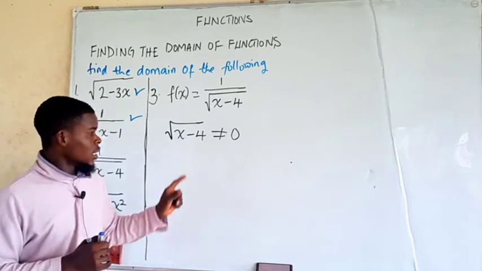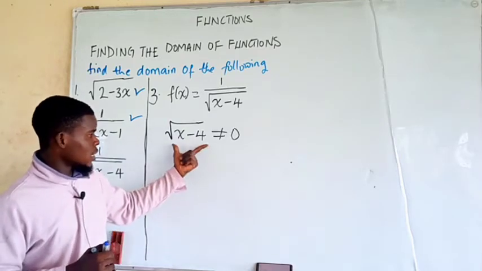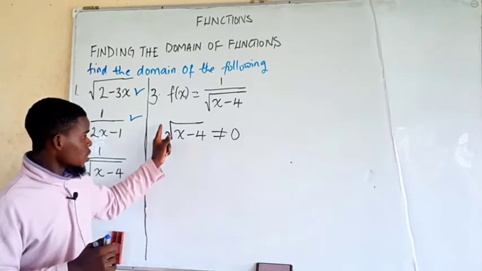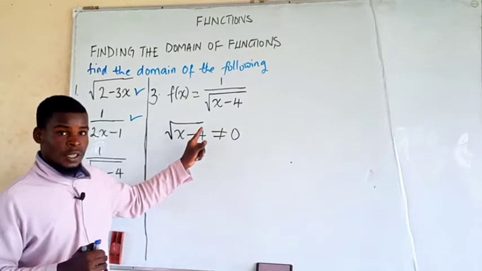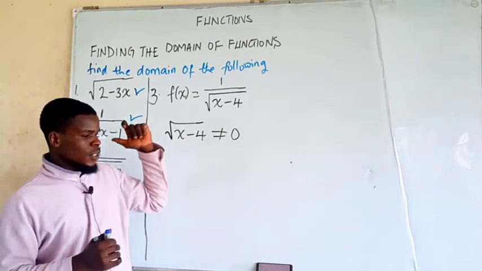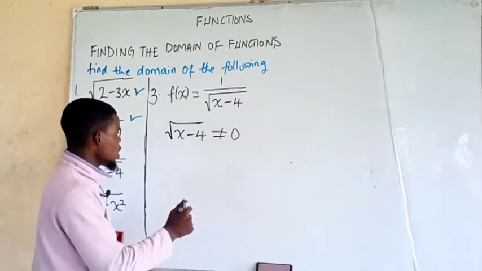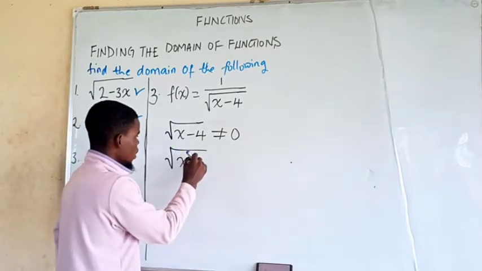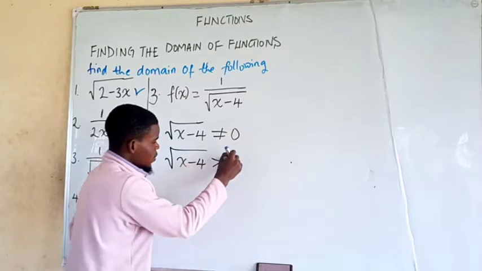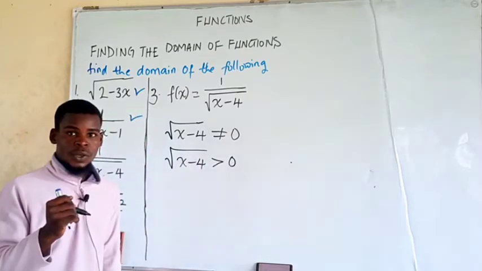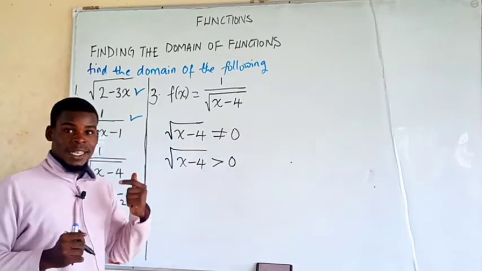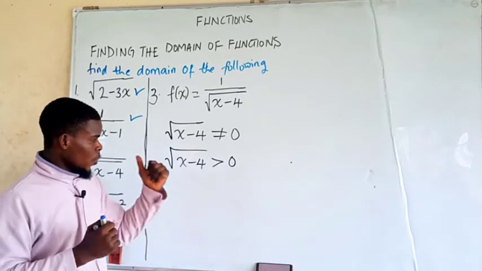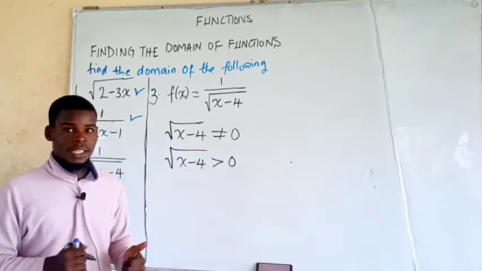But unfortunately, as I said earlier, whenever we see a square root function, it cannot give us something less than 0. So the only thing that we are left with is that the square root of x minus 4 should be strictly bigger than 0. It cannot be equal to 0, and it cannot be less than 0. So the only way remaining is that this should be bigger than 0.